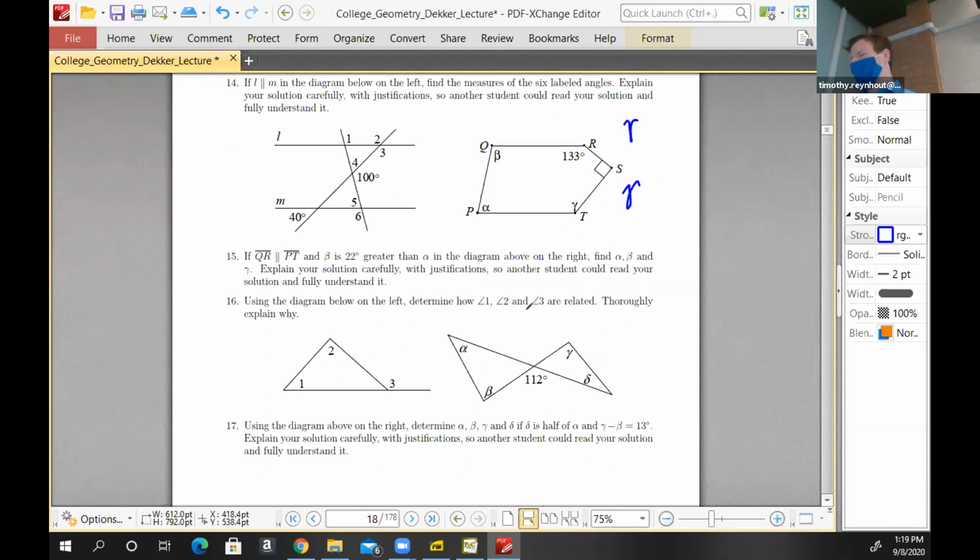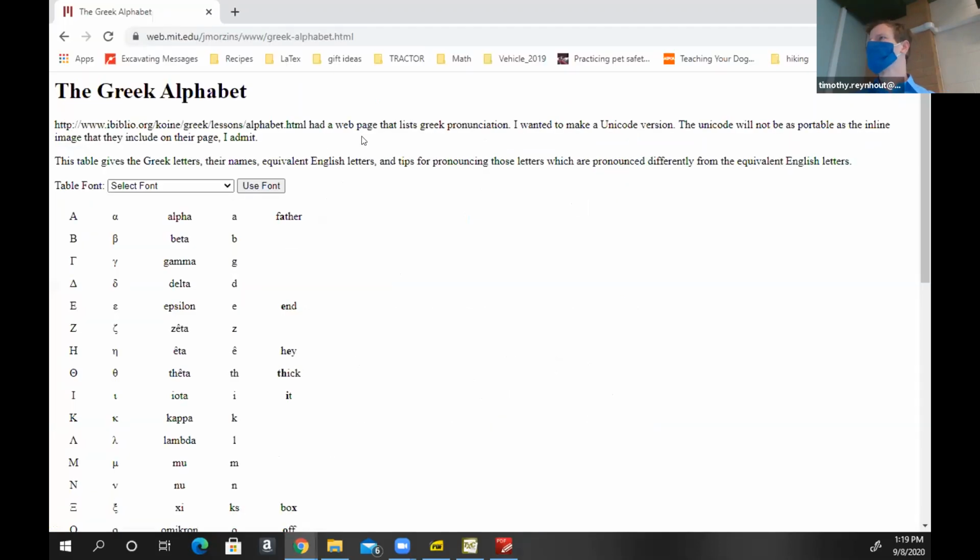So, interesting tidbit, right? These are all, this one which we also had to work with, they're all Greek letters. So alpha, beta, gamma, delta. These are all lowercase Greek letters. I like this list that somebody at MIT has put up for us.